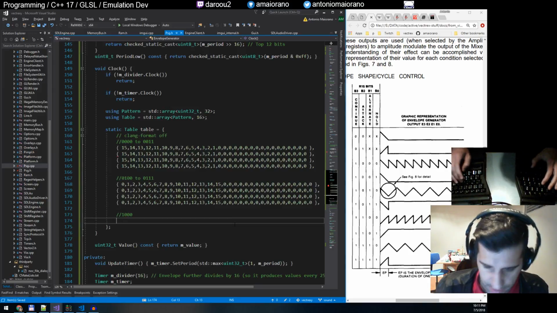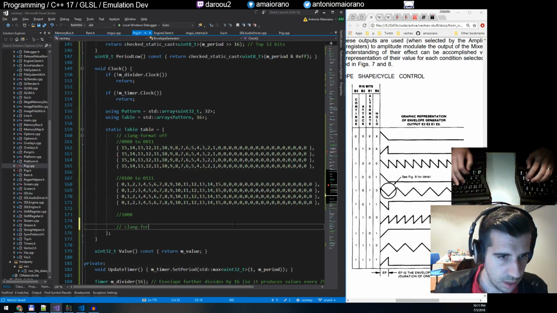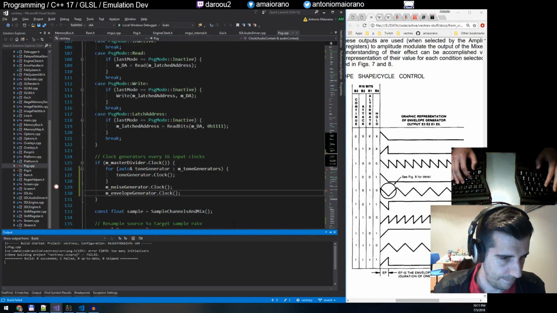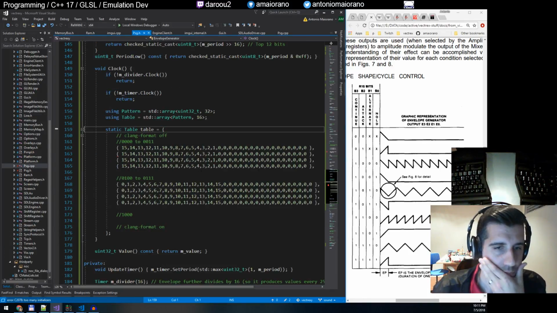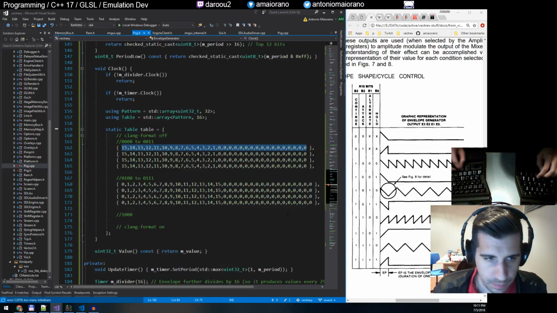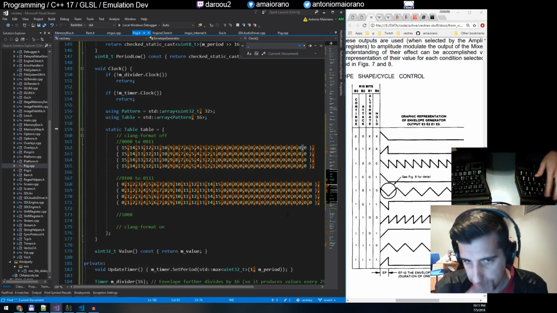Does this compile yet? Oh no, too many initializers. I do have something wrong here. That looks right.